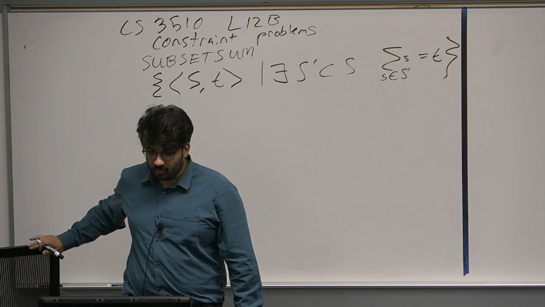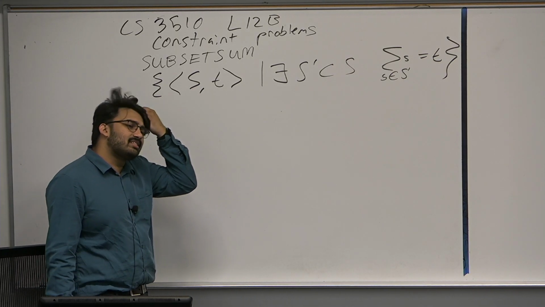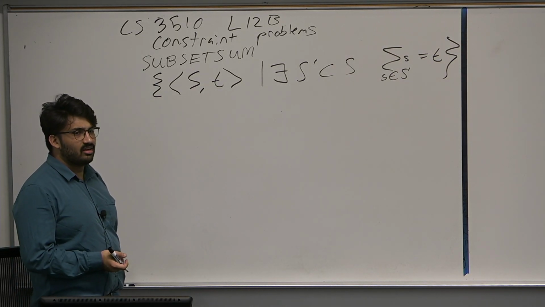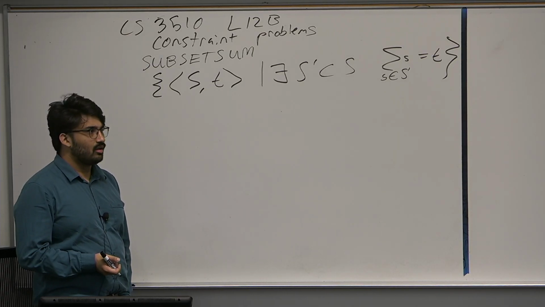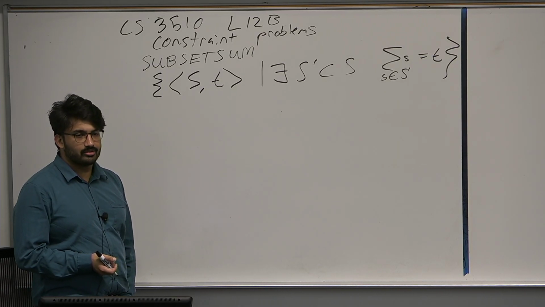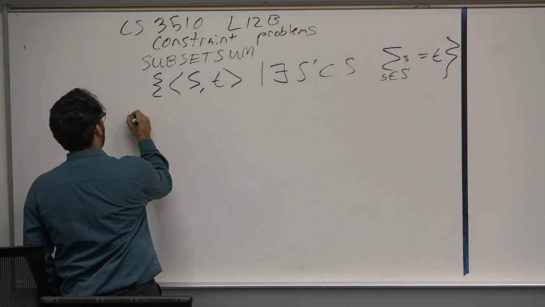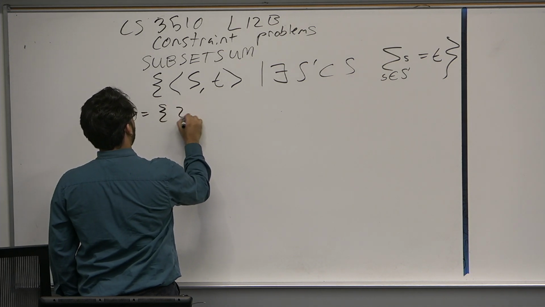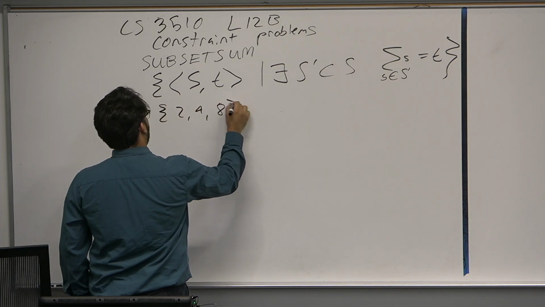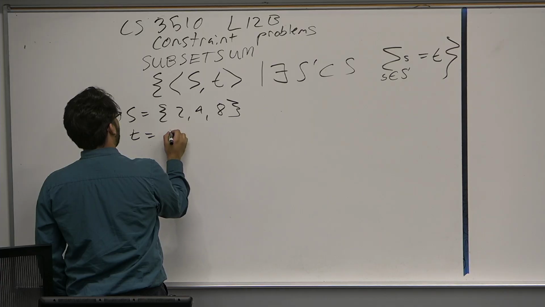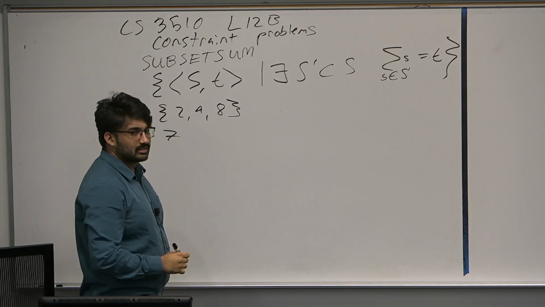Sometimes this is solvable in polynomial time because, let's say the target is odd and you only have even numbers. For example, let's say S is 2, 4, 8 and the target T is 7. Can't do it, right?